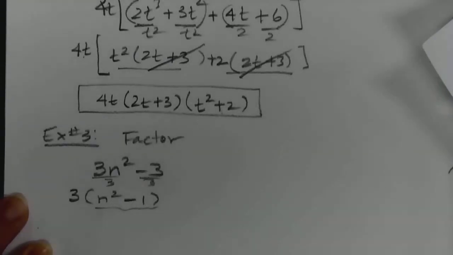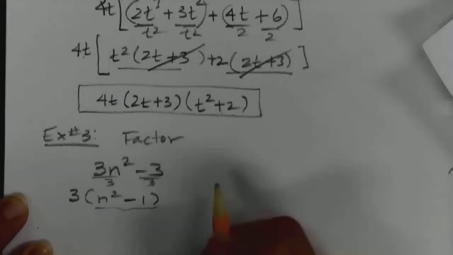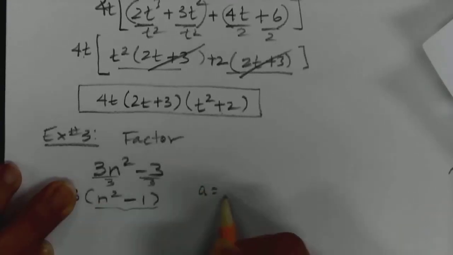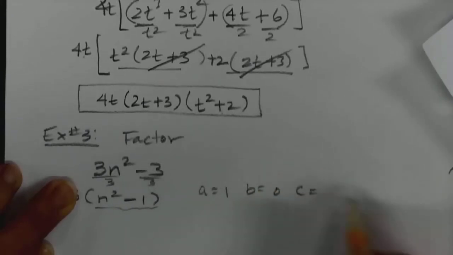What does that become? What's n squared minus 1 factor to? N squared plus 1? Is that right? No. Alright, what's my A? 1. What's my B? 0. C?